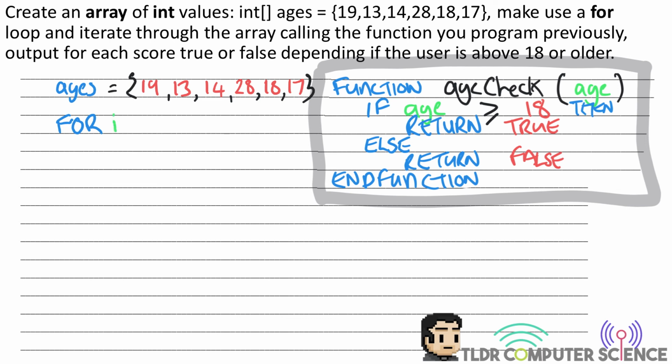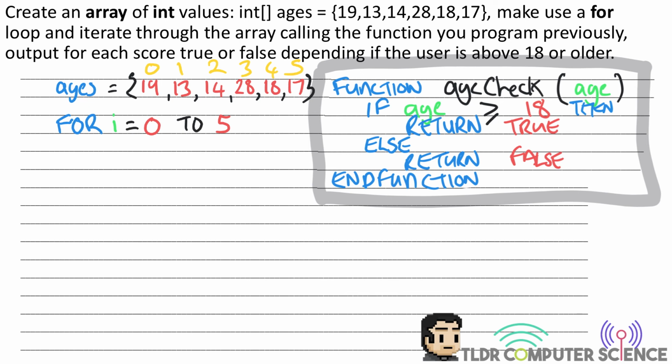So I, for the index, equals, start at position 0, and we're going up to position 5. I could put down from I equals 0 to 5, but that would not be a great idea. Why? If the array changes in size, say it gets smaller, I'll go outside of the array and it will fall over. If the array gets bigger, I won't go to the end of it, and therefore I won't be able to do the complete check.